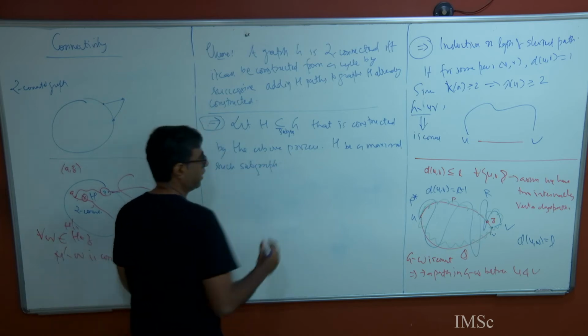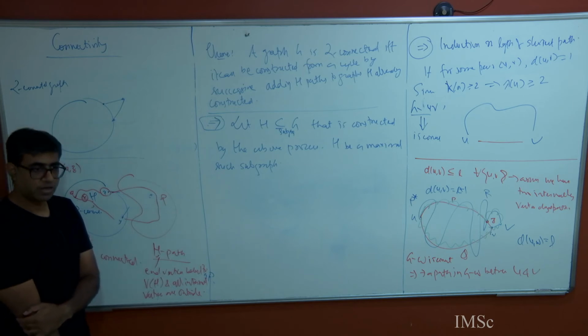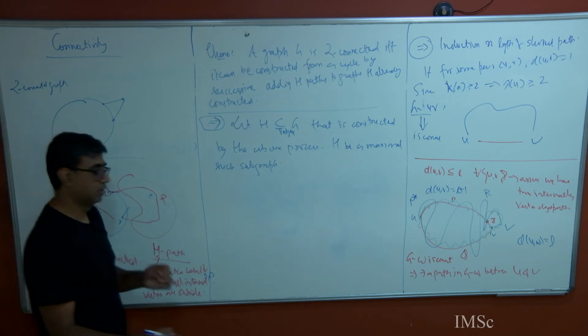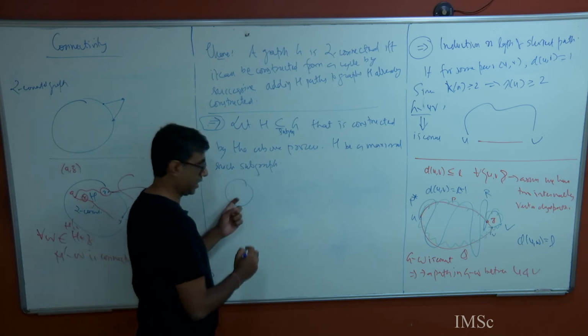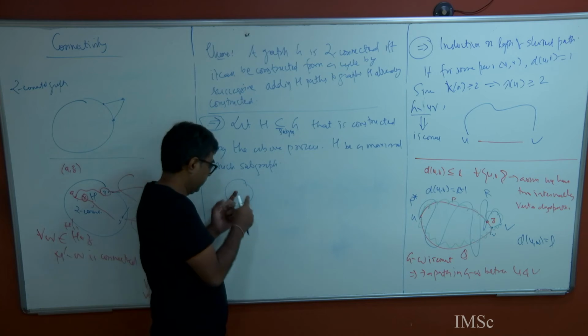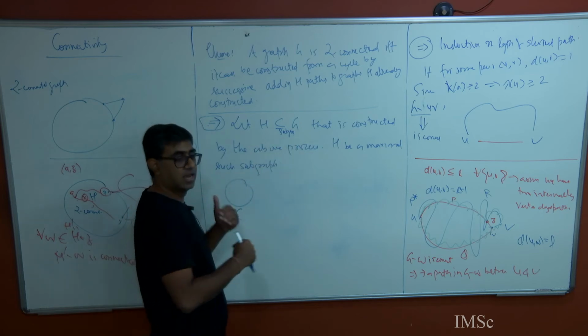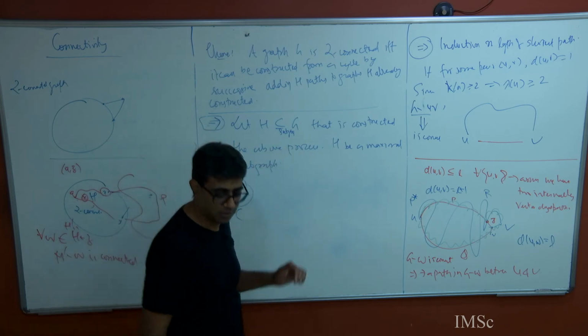Why does such an object exist? Because G is 2-connected, so it has a cycle C, and I can start here. Maybe I can't add anything anymore, that's okay. But then this is a maximal subgraph H that I can construct by this process. That's all that I'm saying.